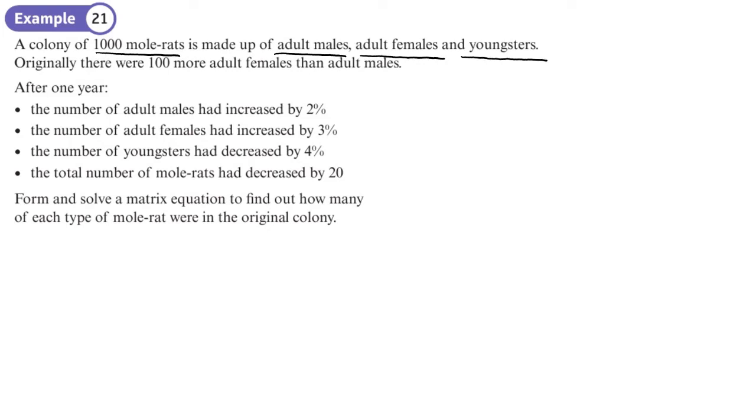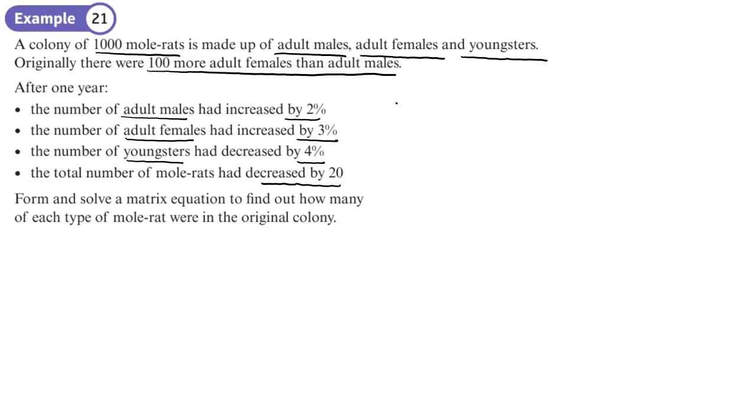Originally there were 100 more adult females than adult males. The number of adult males has increased by 2%, females by 3%, youngsters by 4%. The total number of mole rats had decreased by 20. Form and solve a matrix equation to find out how many mole rats there were in the original colony.